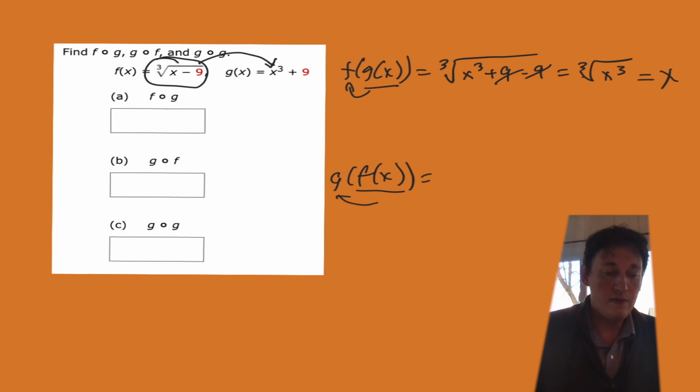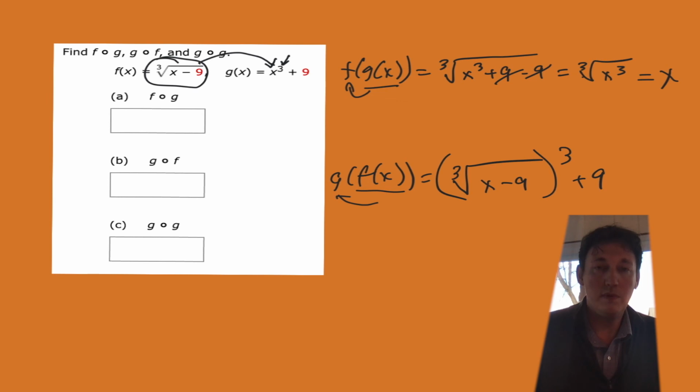So instead of x, I'm going to write cube root of x minus 9. Then I have this cube, which means I'm going to cube this and then add 9 once I simplify this. So cube root and cube power, they cancel each other out, leaving me with x minus 9 plus 9, which is just x. And that's how you prove two functions are inverses, by the way.